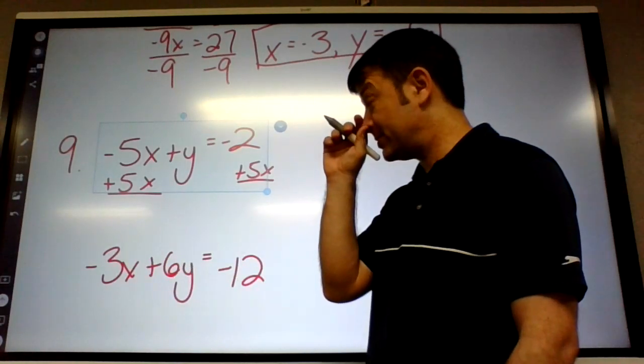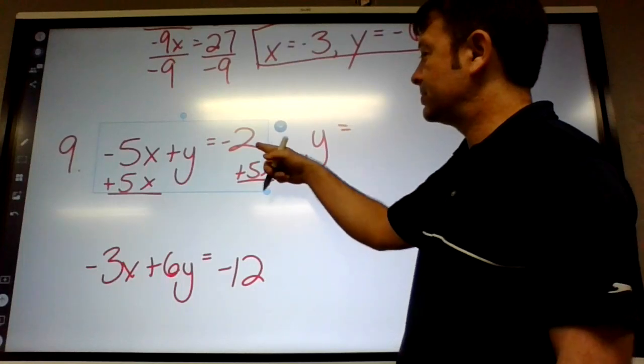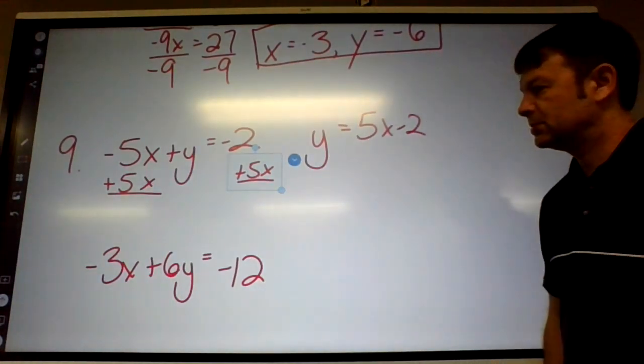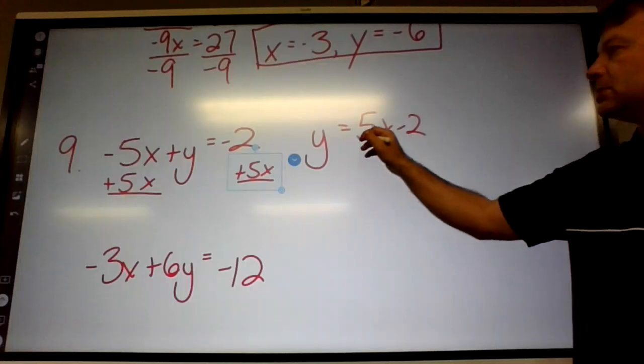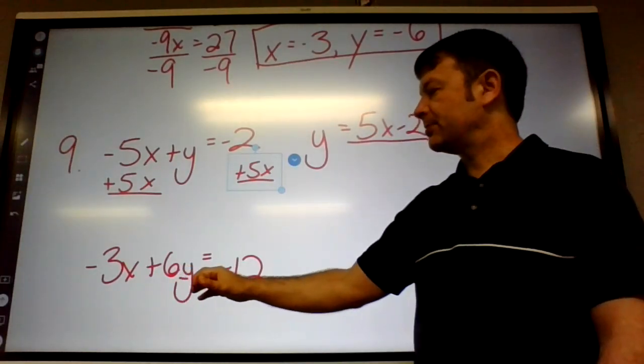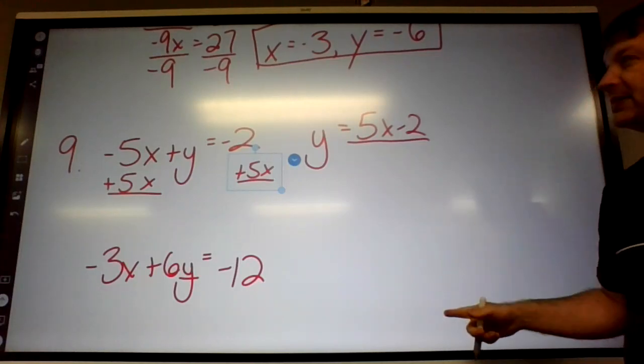But on the top one, we only have to add 5x. We get y equals -2 plus 5x, or 5x minus 2. So that right there is what y equals, so I'm going to change that y into that.